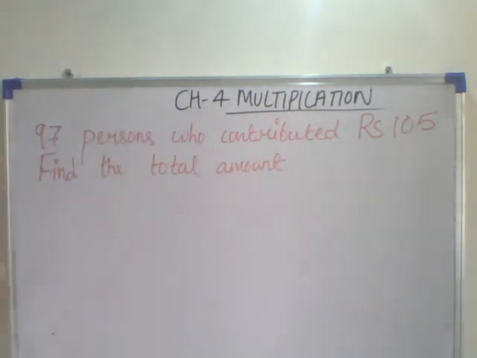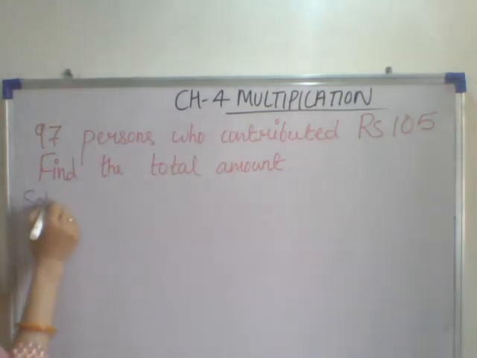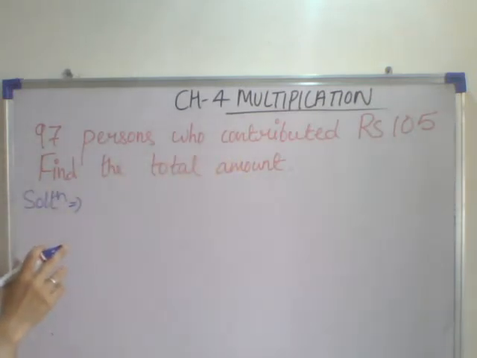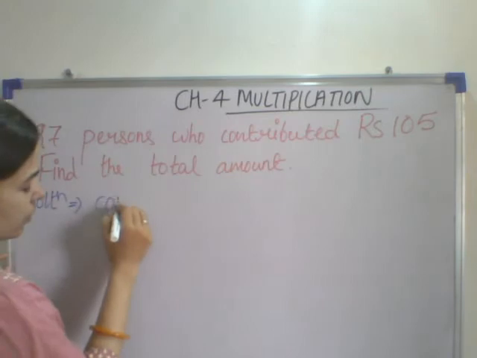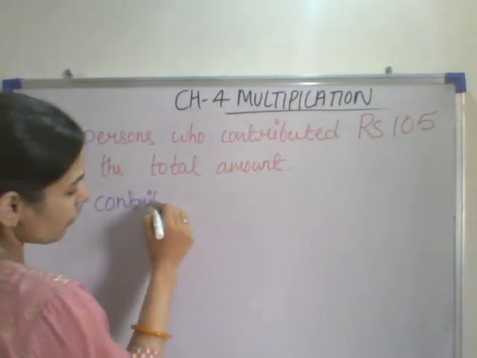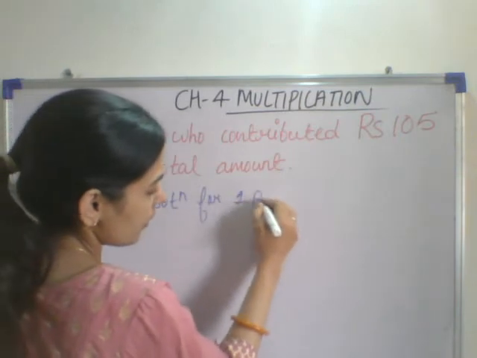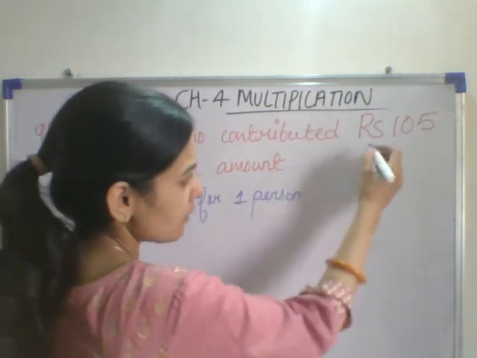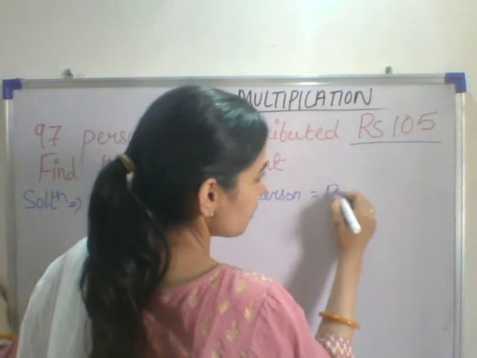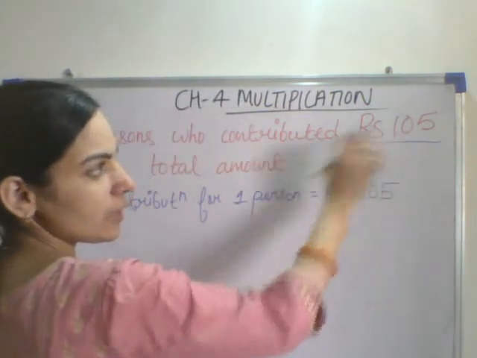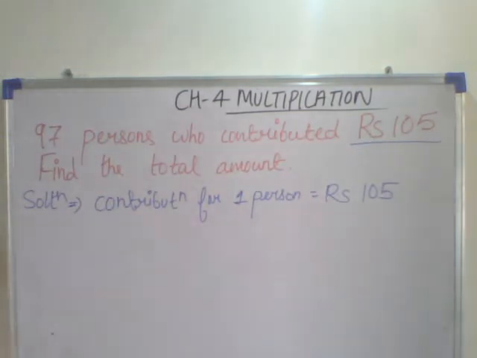So how will we do this question? First is the contribution of one person. What is the contribution for one person? The one person has given how much money? That is rupees 105. One person has contributed 105 money.